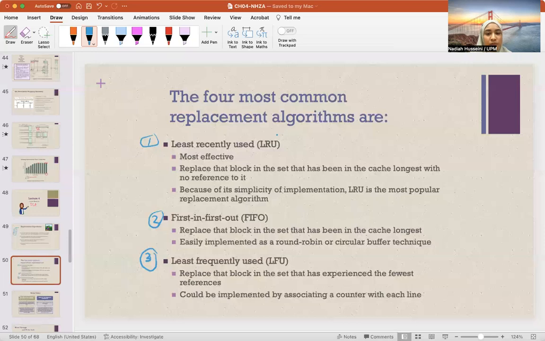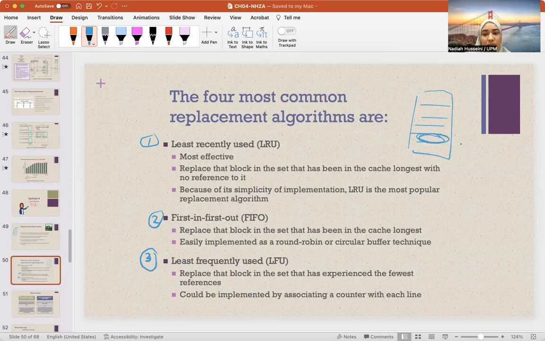You need to remember the abbreviation. This is the most effective. It replaces the block in the set that has been in the cache longest with no reference to it. So I have my cache lines and all this memory inside my cache. The block that has been in the cache the longest, which means it's been there forever, and no one has been calling that cache line, you would replace with the new block memory.